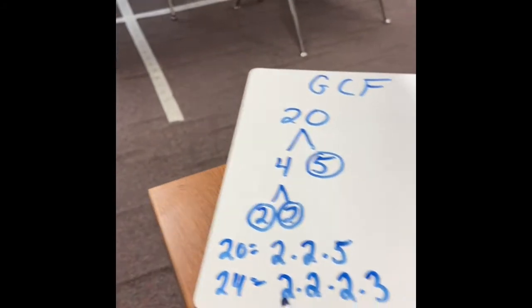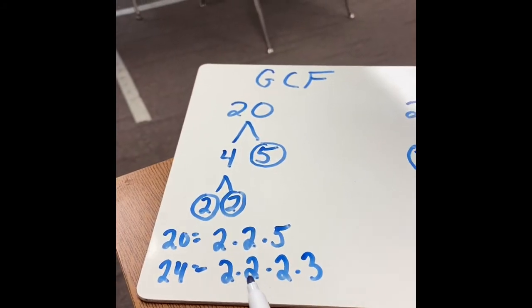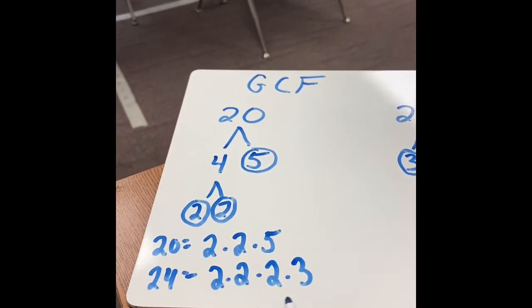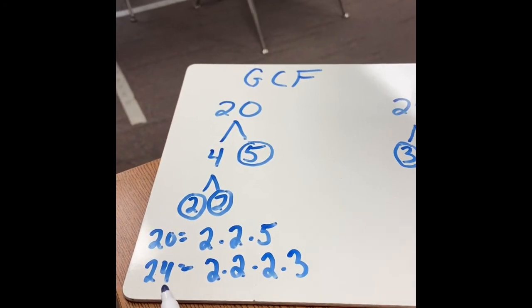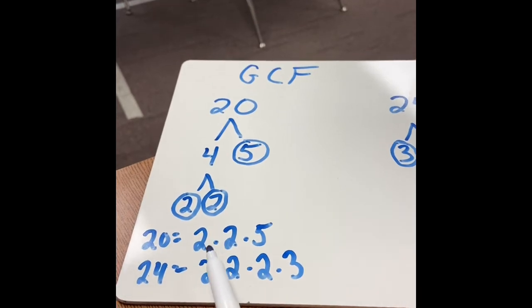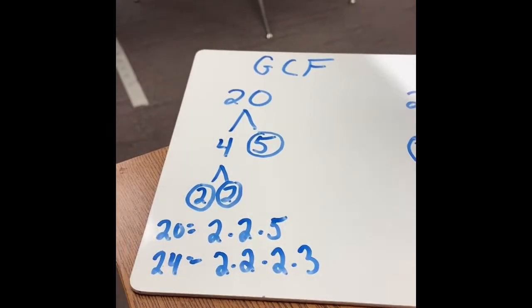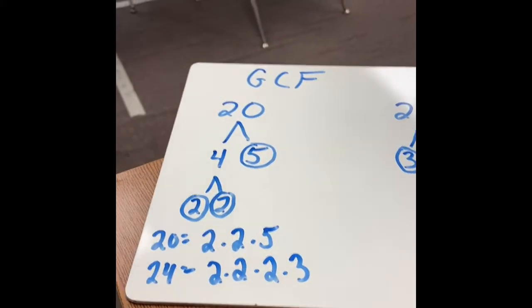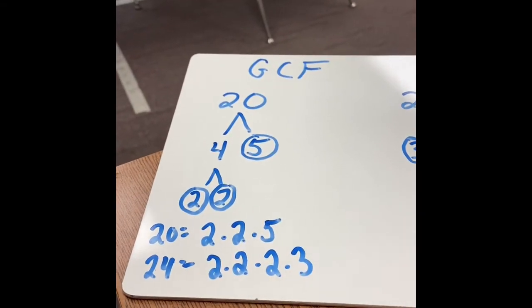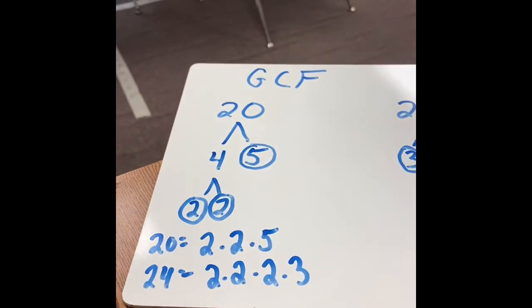And to check it, go 2 times 2 is 4. 4 times 2 is 8. 8 times 3 is 24, which is what it has to be, right? Let's check 20 now. 2 times 2 is 4. 4 times 5 is 20. They are all prime numbers, so we have found the prime factorization of both 20 and 24.